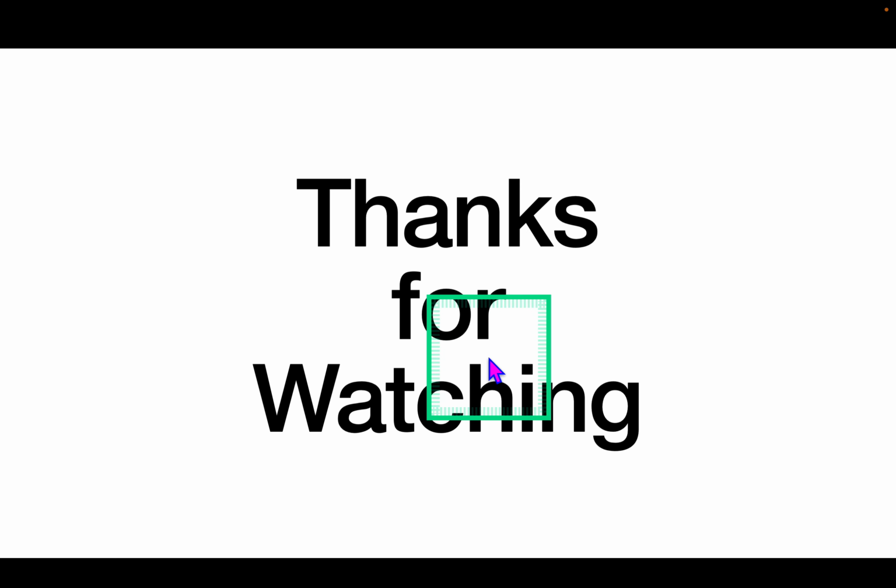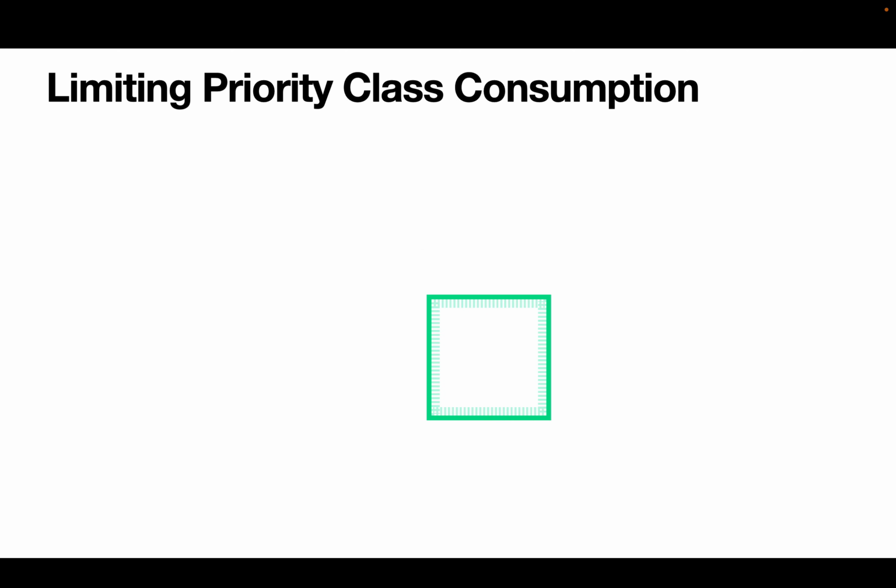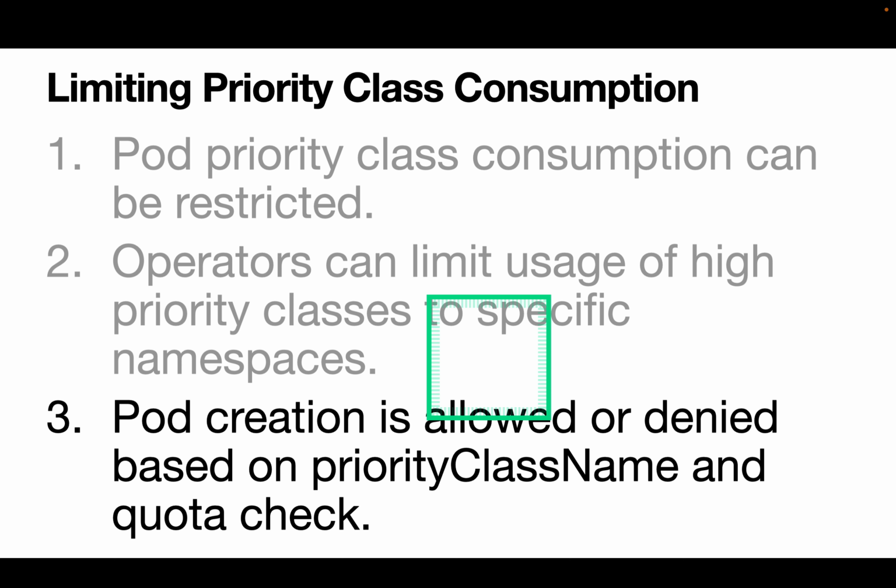And that's all. Some of the concepts, like priority class consumption and others, are a bit advanced, but it's good to know that these features exist, and in certain scenarios we may use them. To summarize, resource quota is for a namespace, just to make sure the teams don't overcross or consume all the resources.